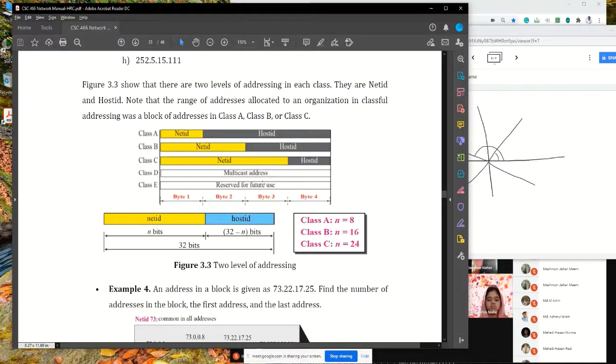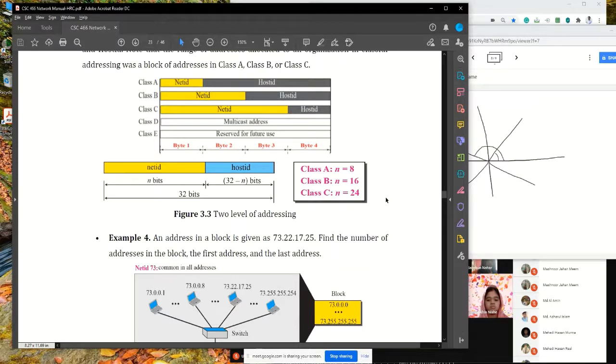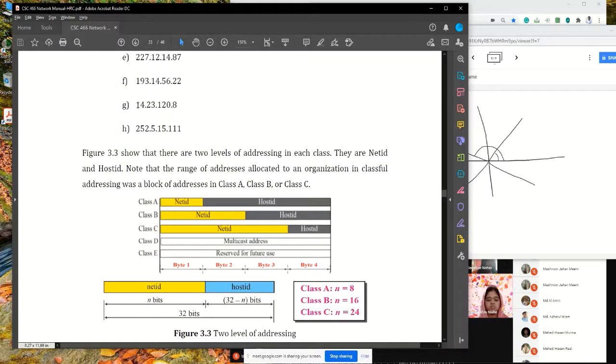Same as class C, the first three octets are the network portion and the remaining octet is the host portion. Fine, so the network part and the host part. Let's say, for example, this is an address. Which class is it? Class A, right?